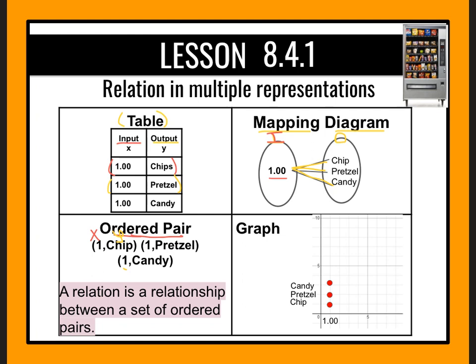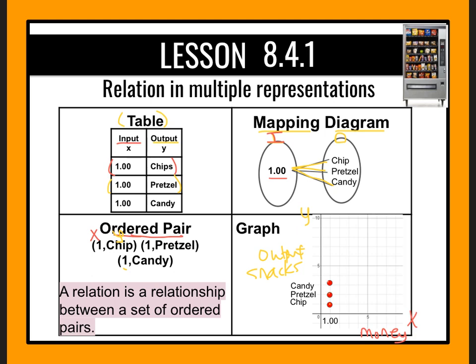Here's a graph. If I label my x-axis as the money that I placed into the vending machine, my y, my output here, would be the type of snacks that I can receive. So if I graph it, there is a relationship that if I input $1, I can get a chip, or I can get a pretzel, or I can get a candy.